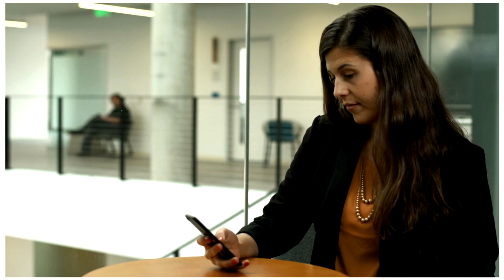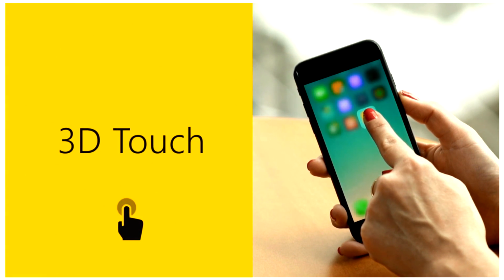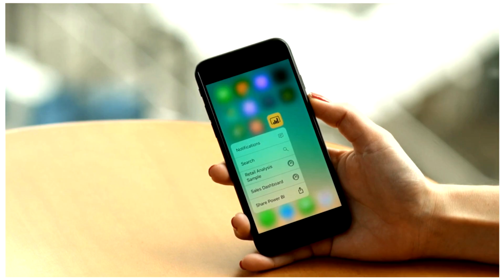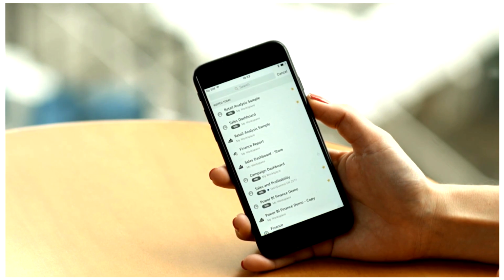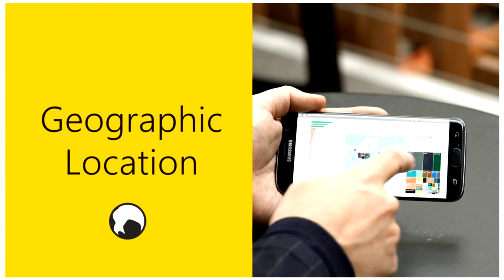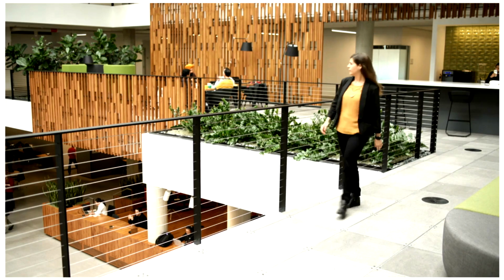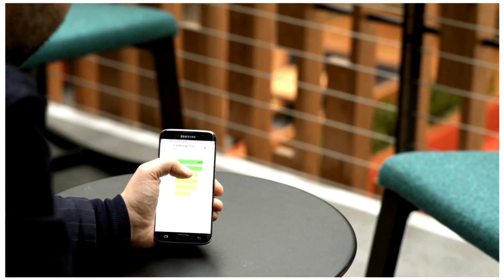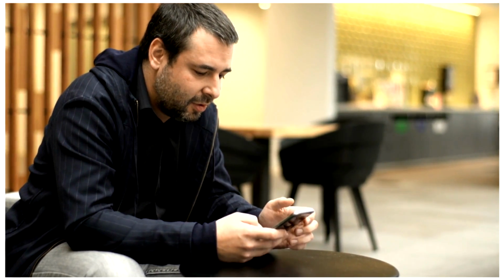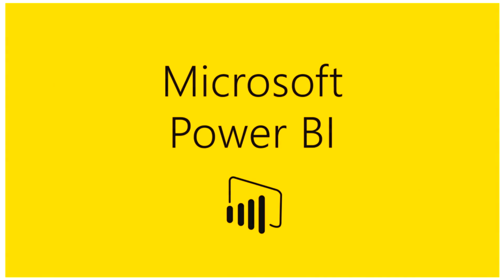With 3D Touch on your iPhone 6s and newer models, you can access shortcuts directly from your home screen. Just deep press the Power BI app icon to get notifications, search, and last used dashboards. Filter your data according to where you are using geographic location. Microsoft Power BI gives you the power to monitor your most important business information right from your phone, so you can get immediate answers to your most pressing questions and bring your data to life.